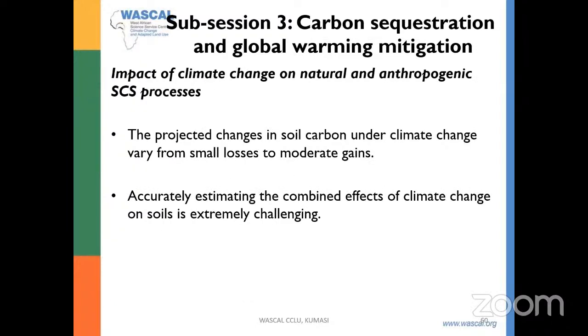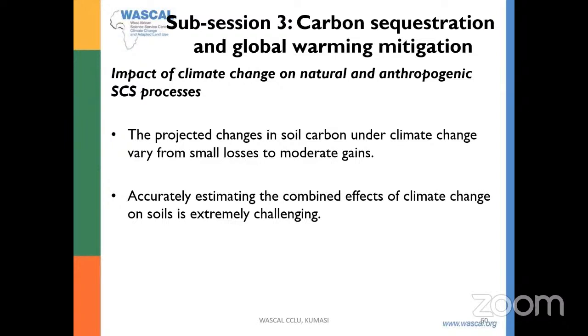Then, how does climate change affect the soil carbon stocks process? Research has shown that there are projected changes in soil carbon under climate change. They vary from small losses to moderate gains.